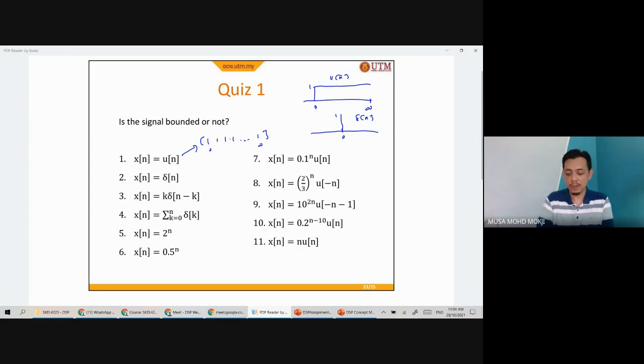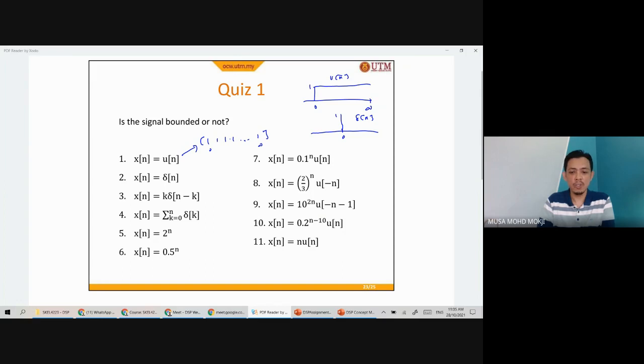If you want to put it in words, an unbounded input signal will give an unstable system. Or we can say that an unstable system will produce an unbounded output, because it's not just checking the input or the output.